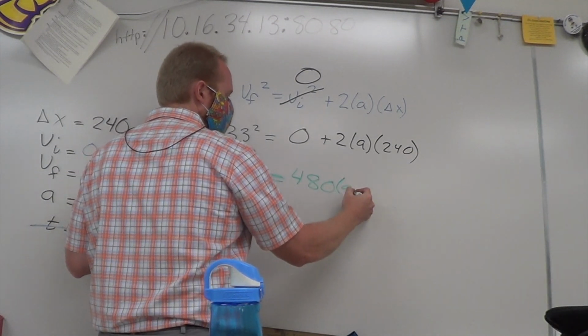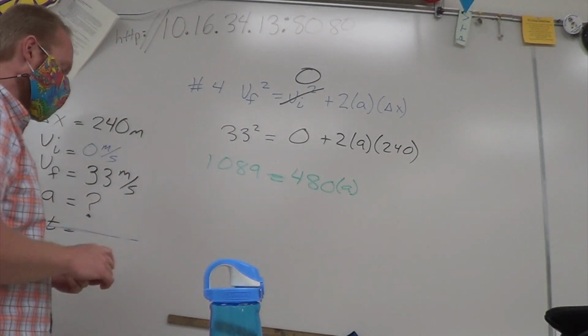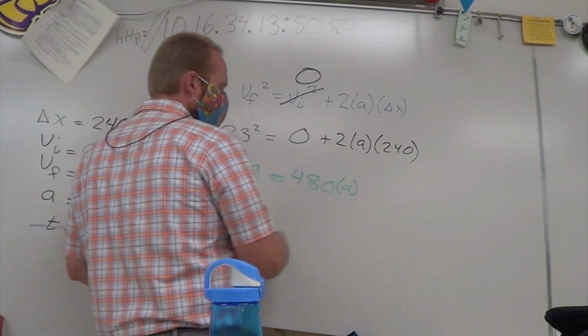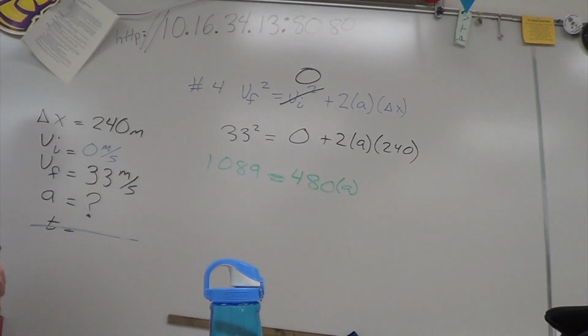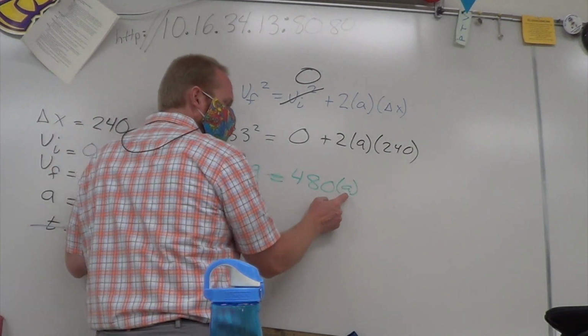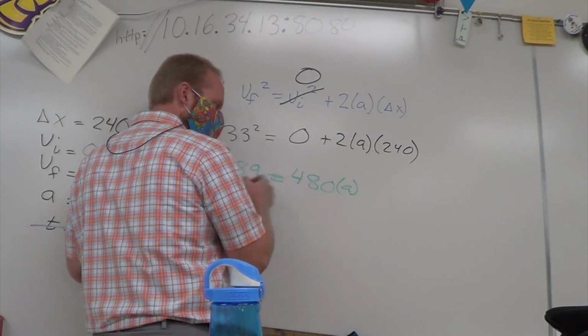I'm going to say that again. It's 240 times A. The reason I said it so loud is just to be very clear, it's 240 times A. What is the inverse function of times? Dividing. So how do we isolate this A? What's the next mathematical thing we must do?